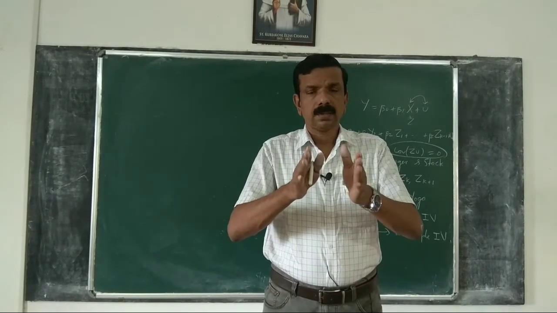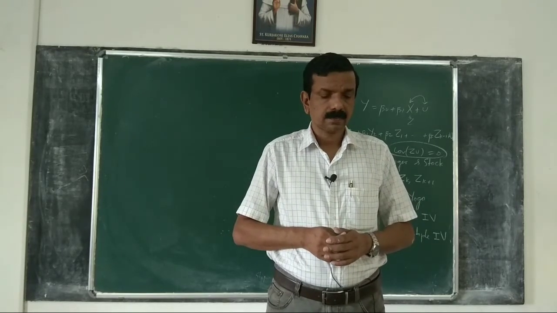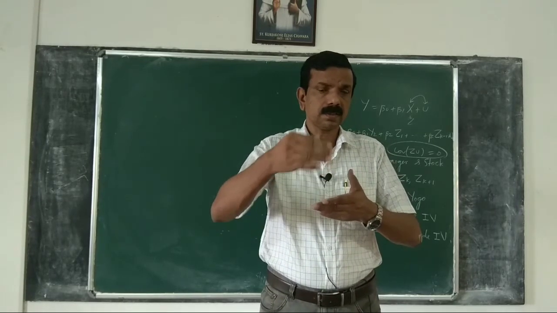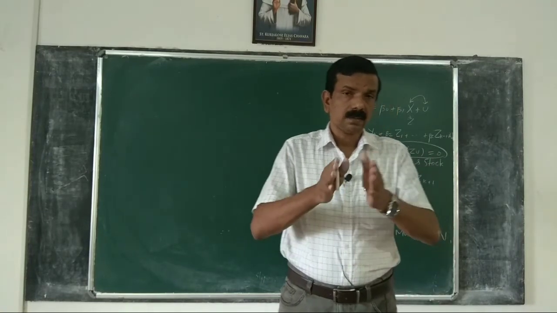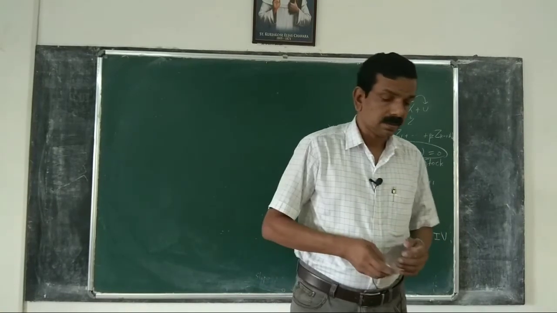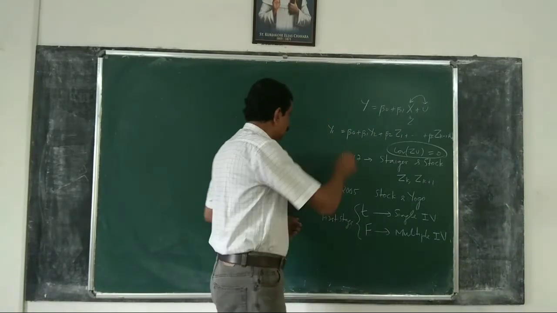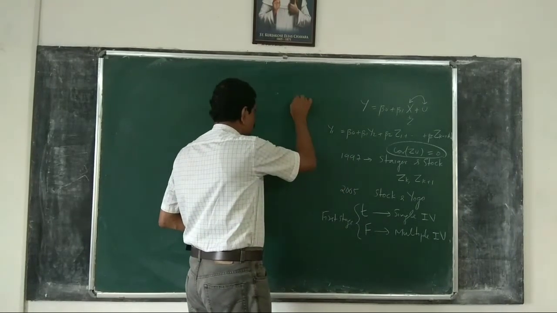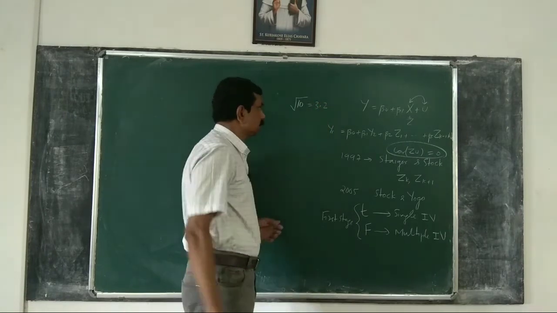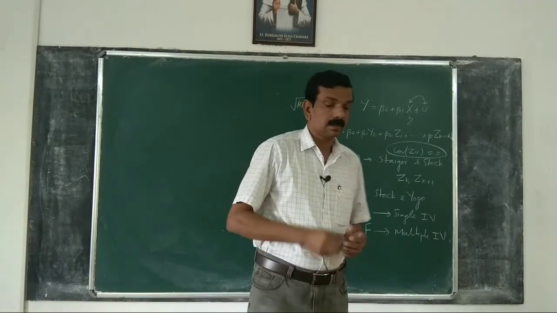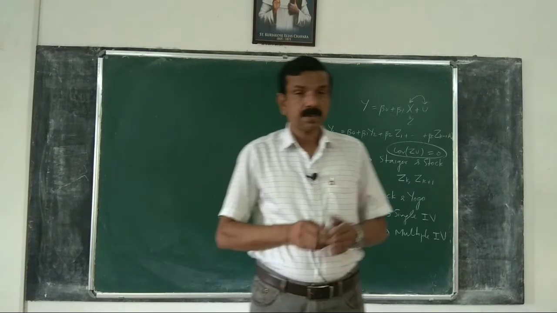Now, Stock and Yogo suggested that we can proceed with the instrumental variable method if the t from the first stage is greater than root 10, which is equal to 3.2, in absolute value.